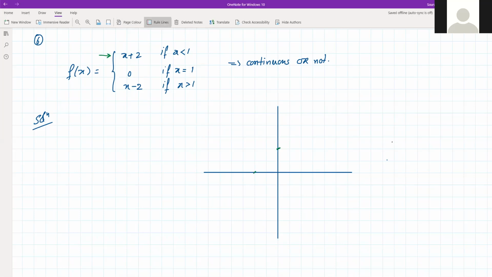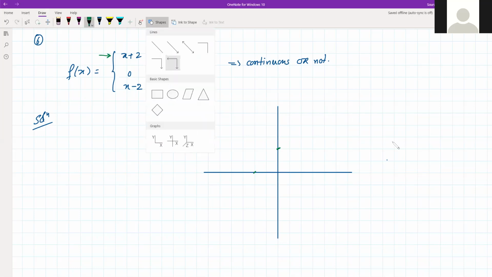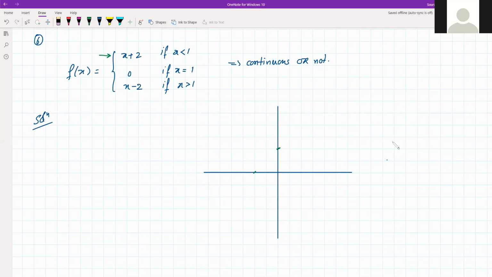So this will actually be a straight line passing through these 2 points. Only thing is that at x equals 1, I have to stop. So I stop at x equals 1, because at x equals 1 it is 0.